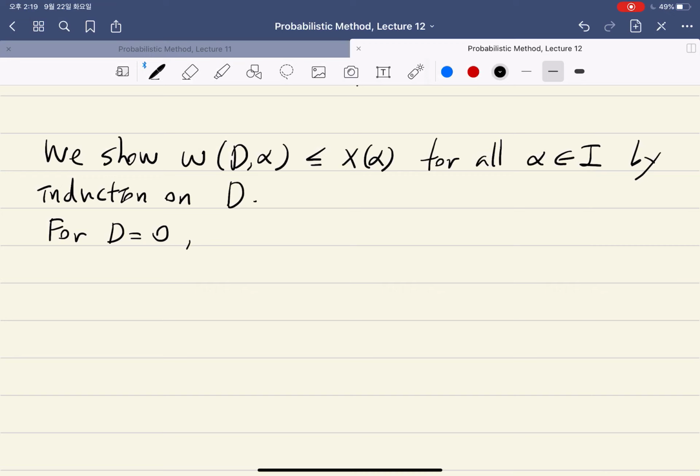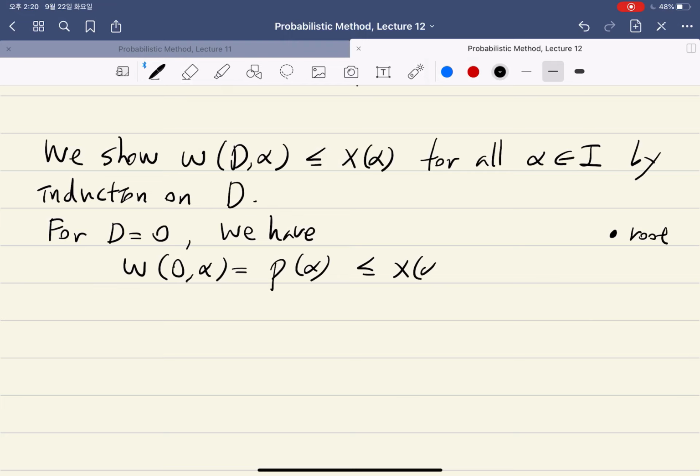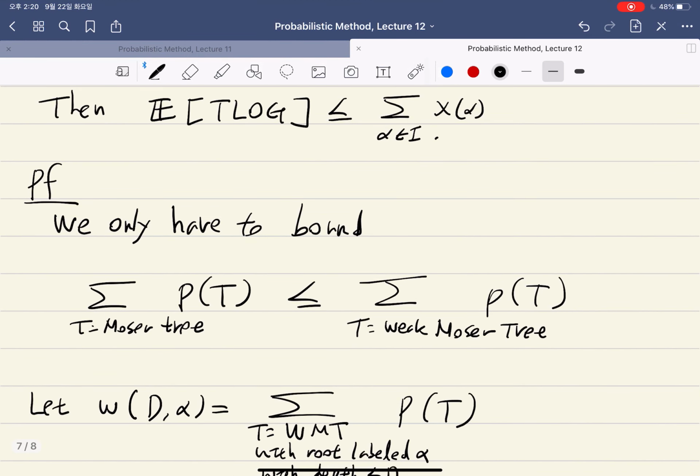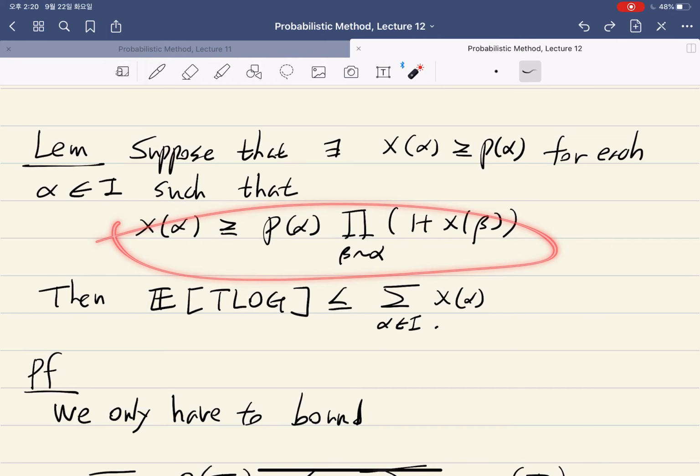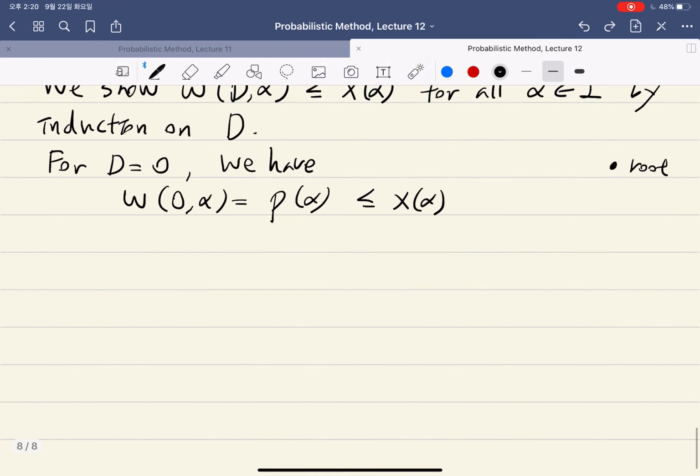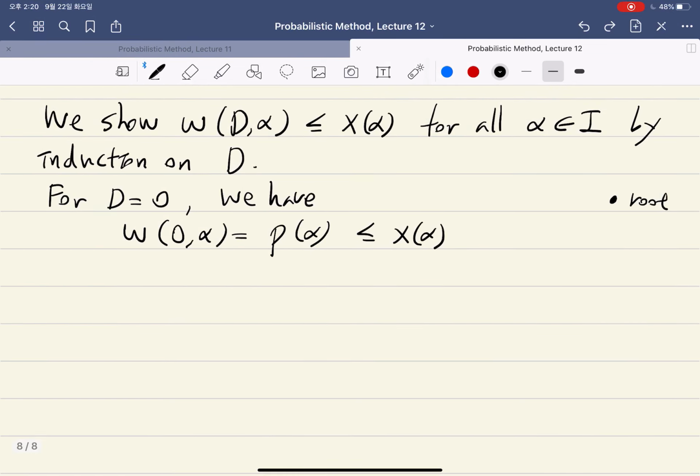So if d is 0, then a depth 0 tree is just one vertex, which is the root itself. So in that case, you just multiply p alpha, which is at most x alpha, from our definition here, our condition on the lemma. So the base case is okay.